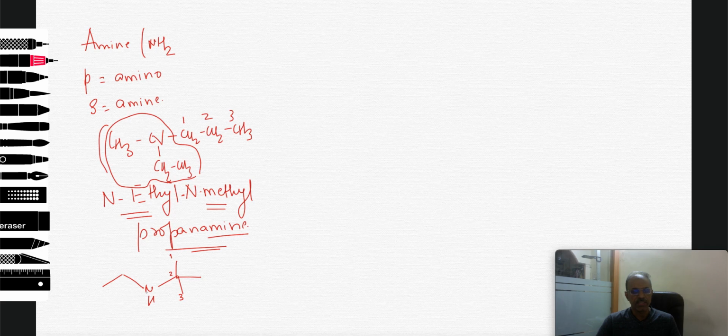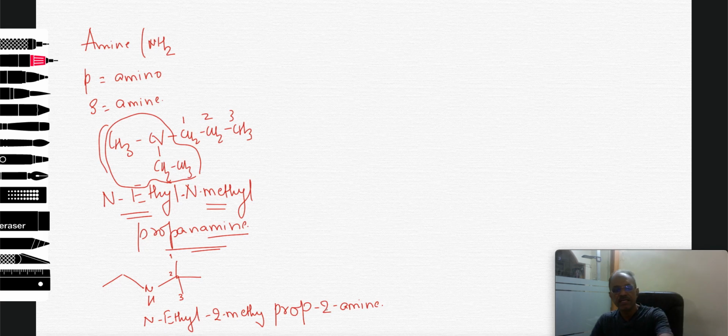It will be at N position, it is the ethyl group, then N-ethyl, 2-methyl, prop 2 amine, not propanamine, because propanamine would have been possible only if it was just the root name, but since it is not only the root name and also has one more suffix, it will be prop 2 amine.